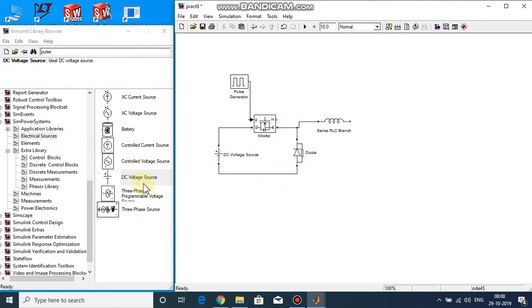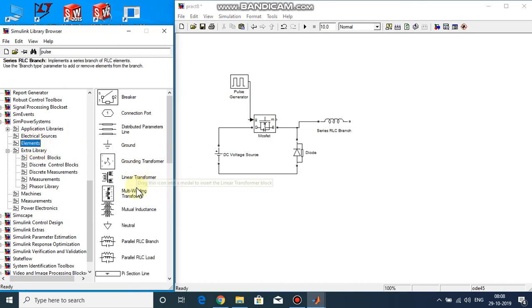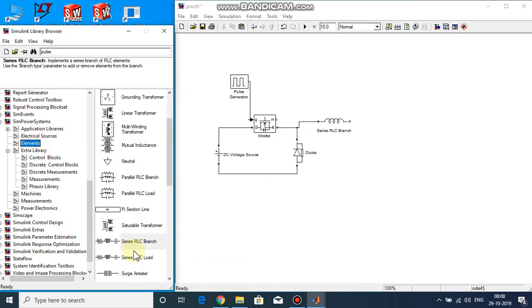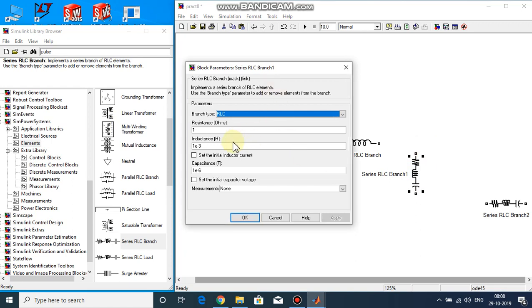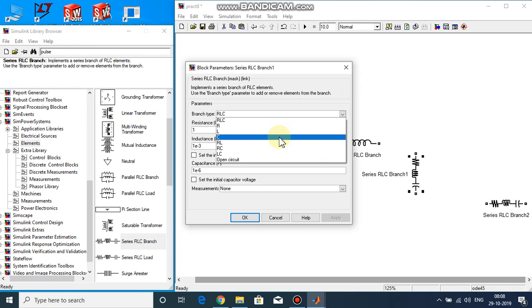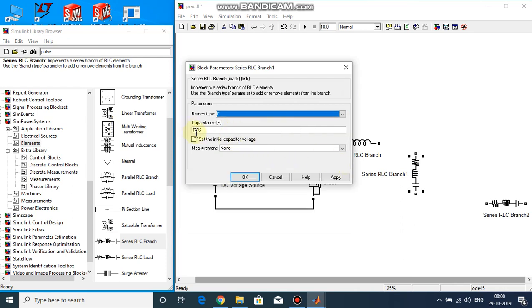And we'll have to add a capacitor. We'll go back to elements. We need a capacitor and a resistor. This capacitor is the storage element of our buck converter. It's the component that stores the output voltage and keeps it constant while the inductor does its job.